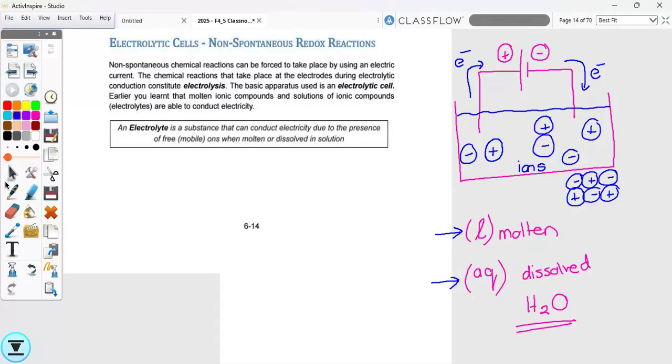So now what happens, always the positive ions will be attracted to the negative electrode. But we don't just stick our copper wire into the liquid. We use a piece of metal or carbon. So there's always going to be something here that connects your battery to your liquid, and something here that's going to connect your battery to your liquid.